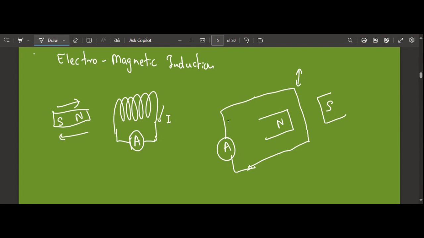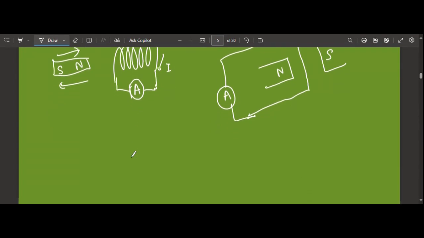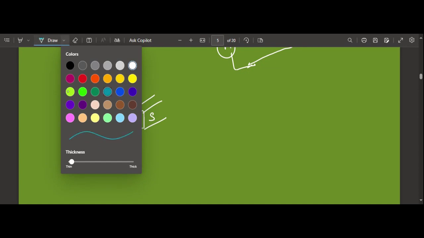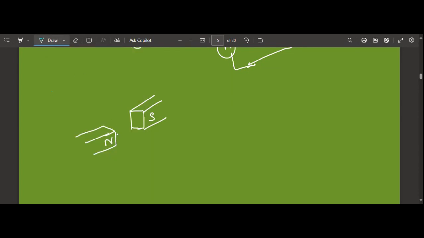Let's try a kind of 3D view. Say this is the north pole and this is the south pole. You know magnetic field lines go from north to south like this.